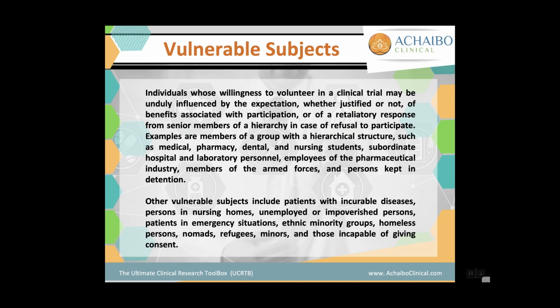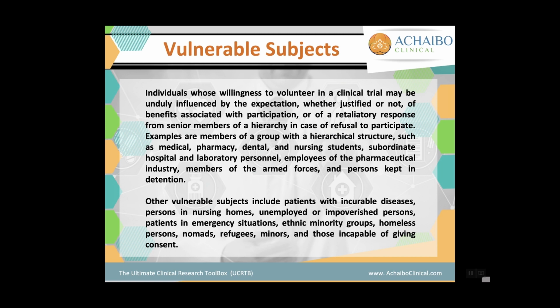Other vulnerable subjects include patients with incurable diseases, persons in nursing homes, unemployed or impoverished persons, patients in emergency situations, ethnic minority groups, homeless persons, nomads, refugees, minors, and those incapable of giving consent.